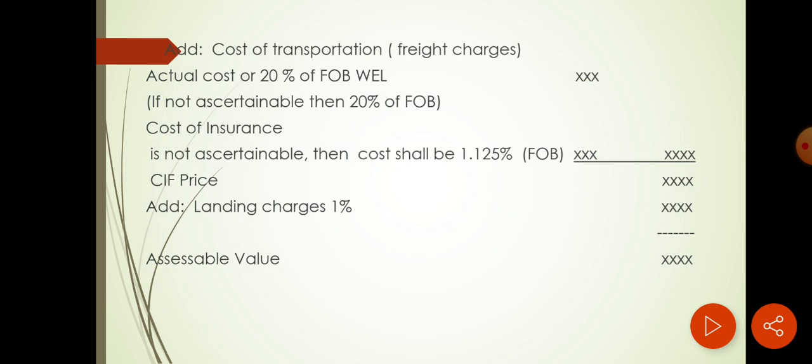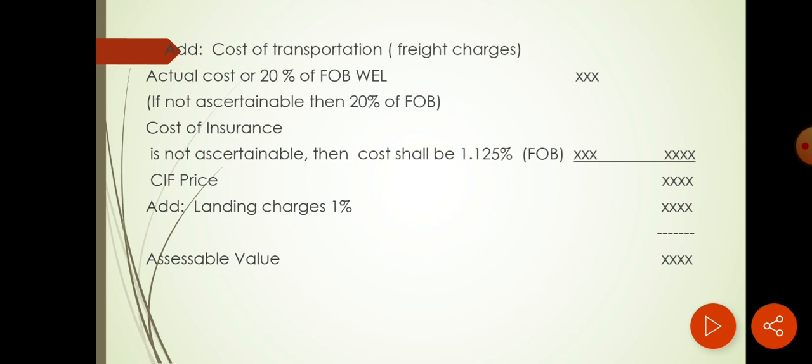After finding the free on board price, you have to add the cost of transportation and then insurance. Relating to cost of transportation, if goods are imported by air, you have to pay freight charges. In case of freight charges, you take the actual freight charges or 20% of the FOB price, whichever is less, and add that.